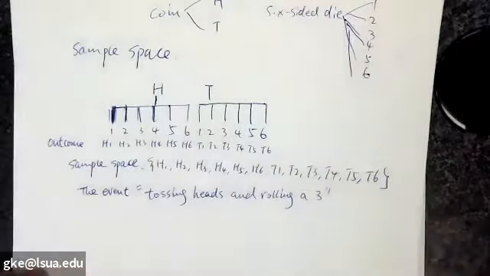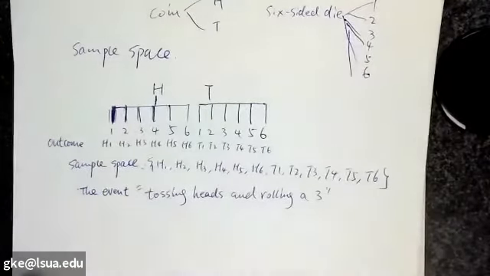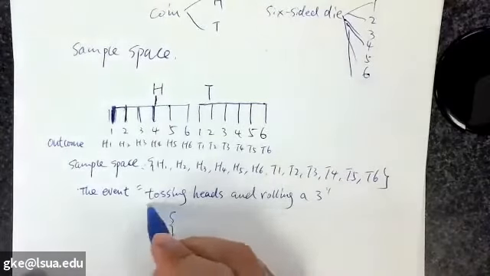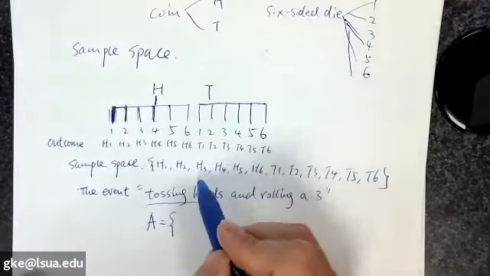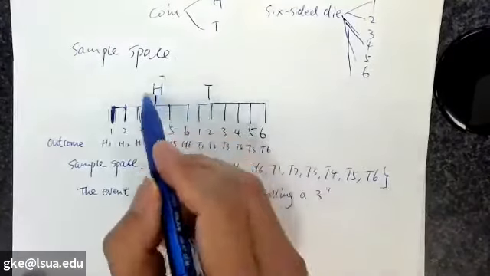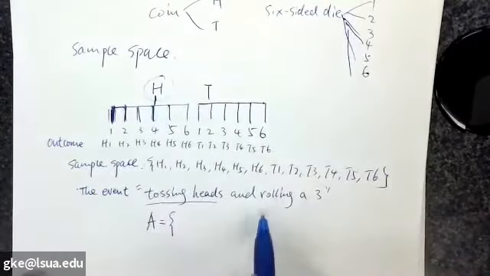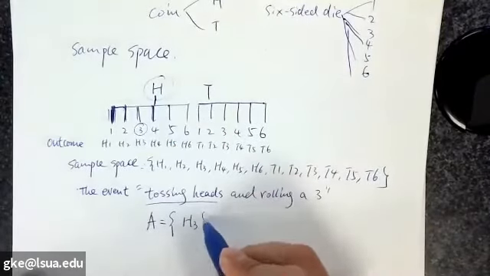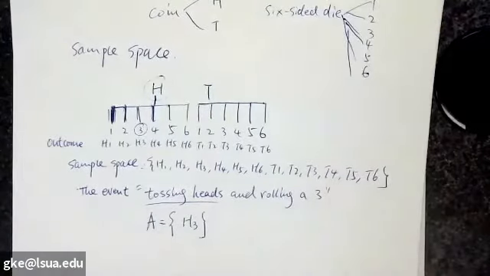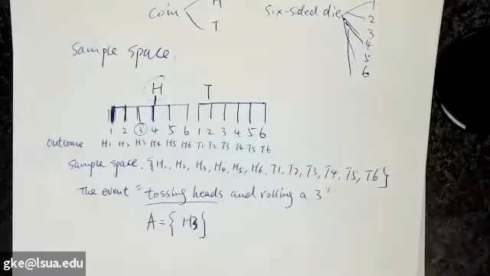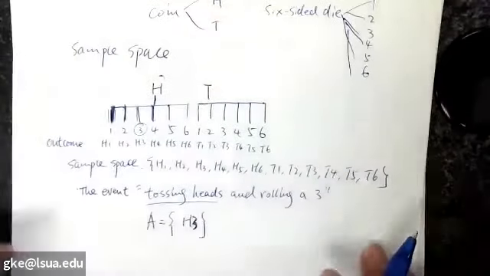For this event, we can easily write down A equals what? Tossing heads is H, and rolling a 3 is this one. So it's H3. Right? H3.